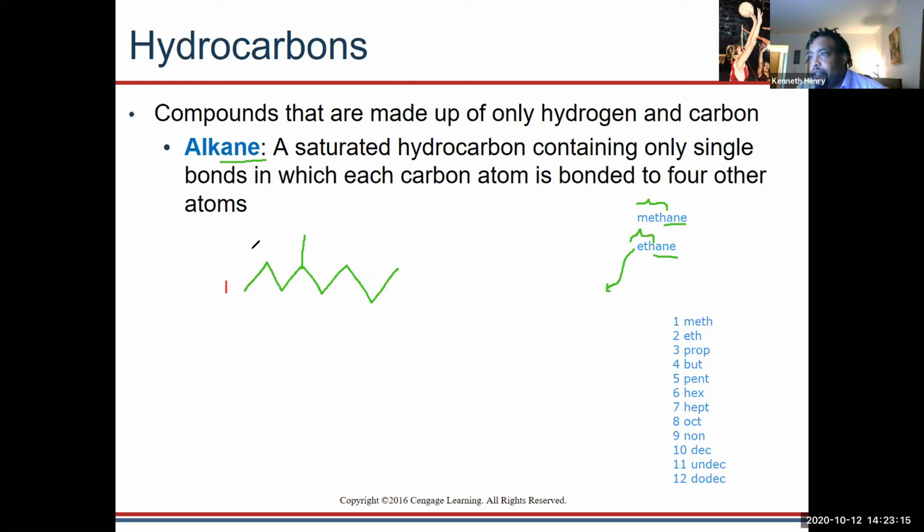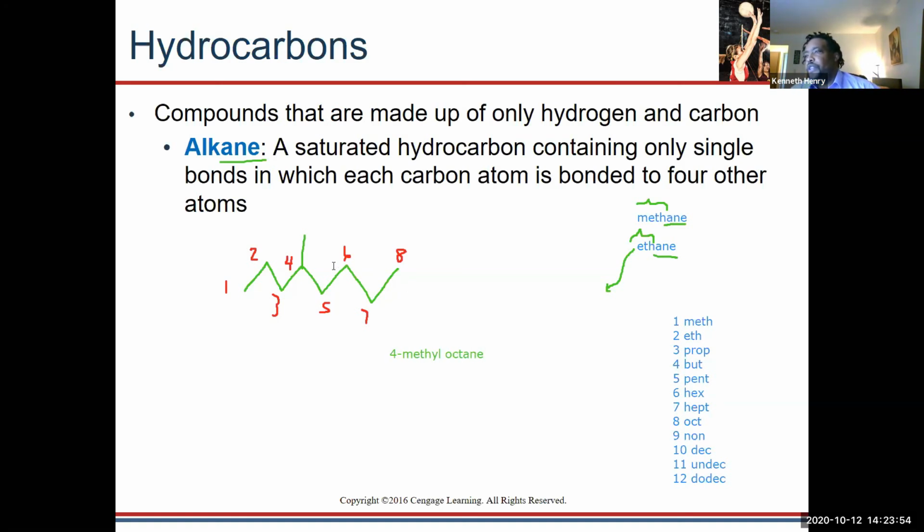So 1, 2, 3, 4, 5, 6, 7, 8. Okay, so we'd write this as methyl octane.